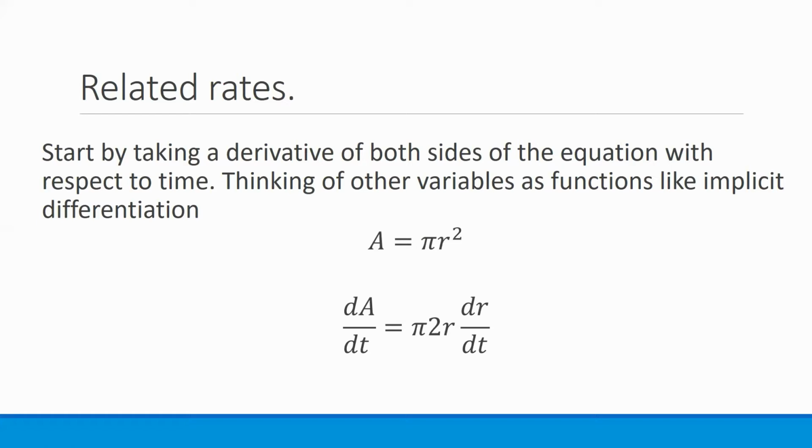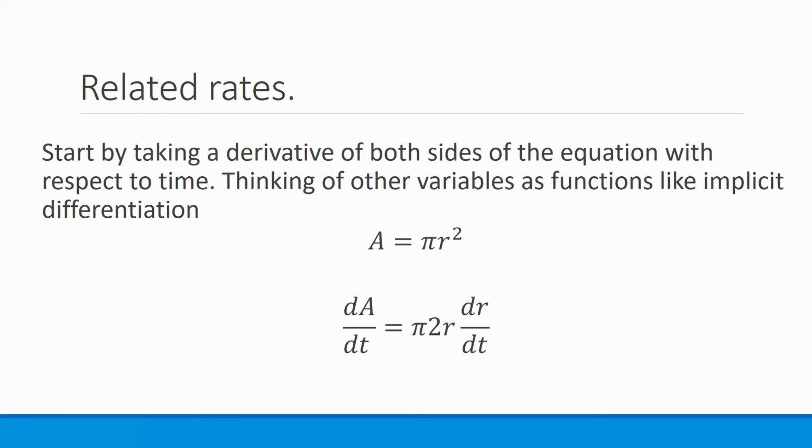We start by taking a derivative of both sides of this equation with respect to a variable like time, because a rate of change is something changing over a certain period of time. We think of both variables as being functions, just like we did with implicit differentiation.